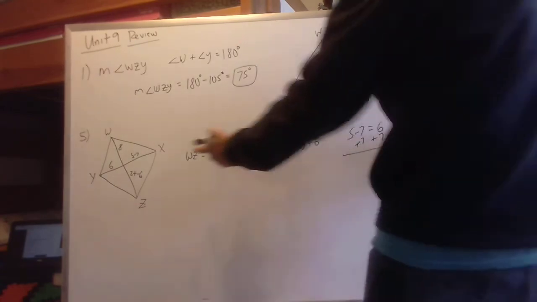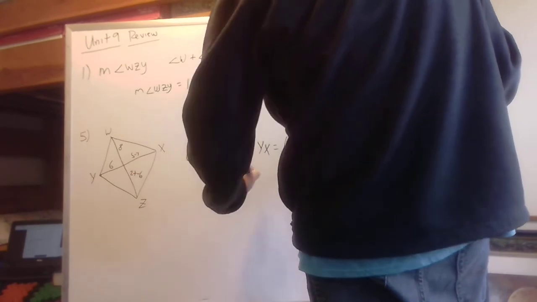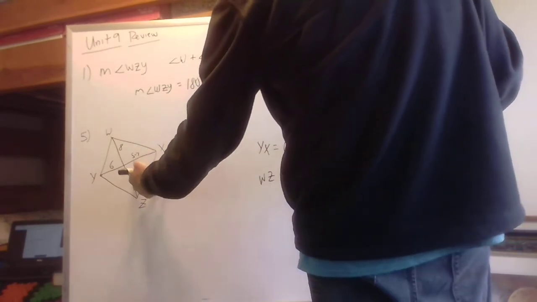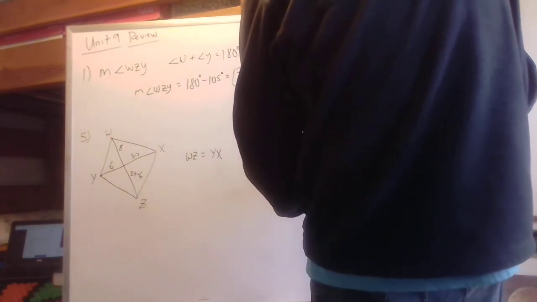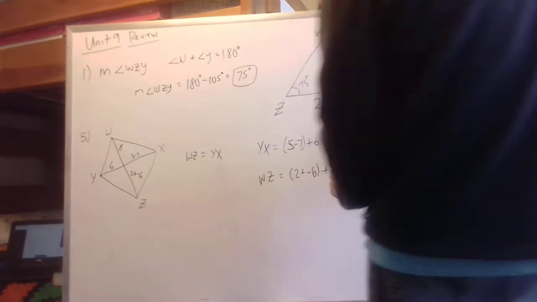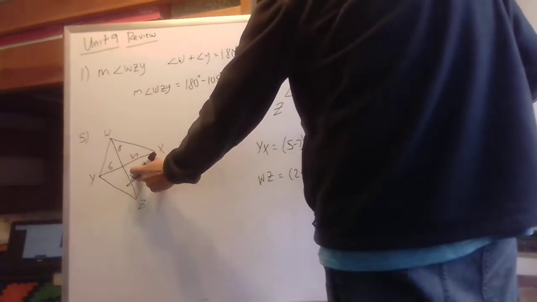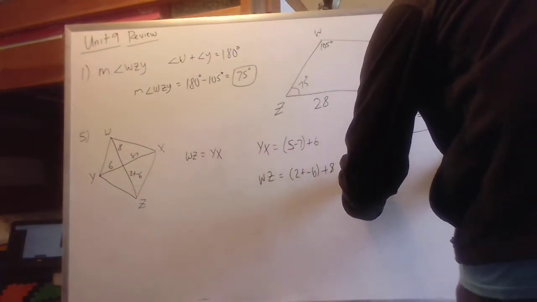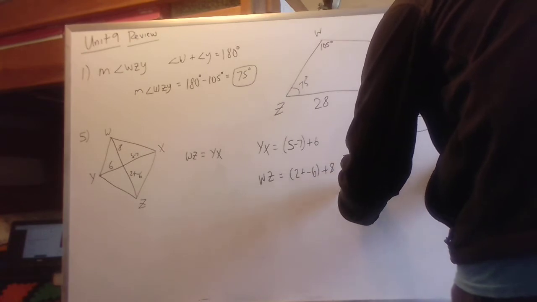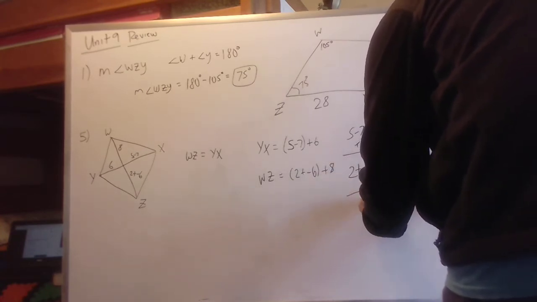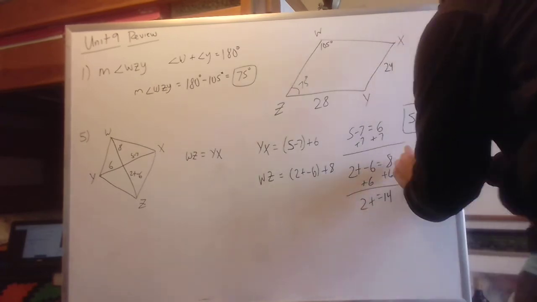All right, we're going to do the same thing for t. So for WZ, we know it's equal to these two components added together, which is 2t minus 6 plus 8. And in order to solve for the variable, we know that 2t minus 6 equals 8. So we're going to set 2t minus 6 equal to 8. We're going to add 6, 2t equals 14.